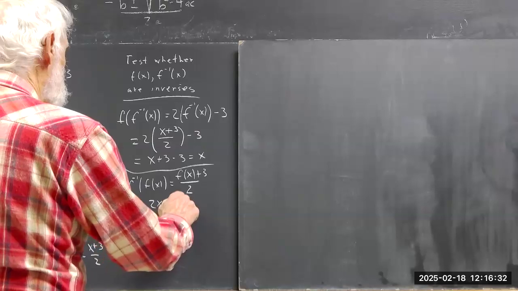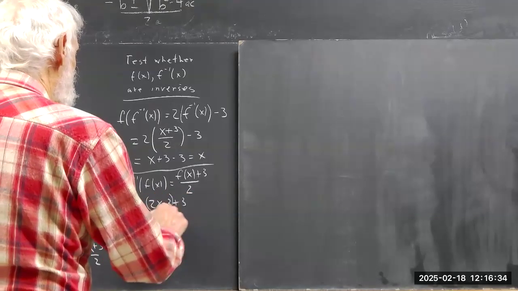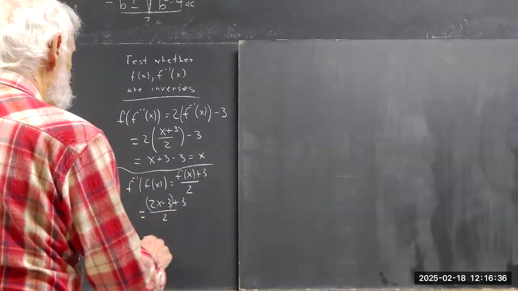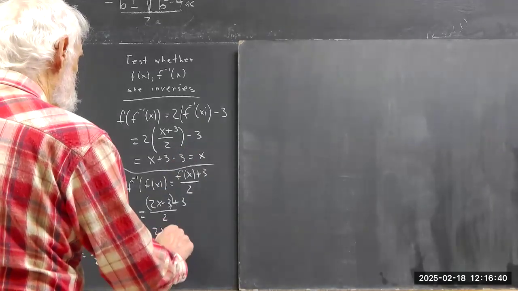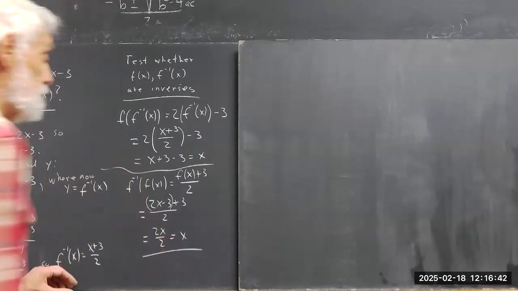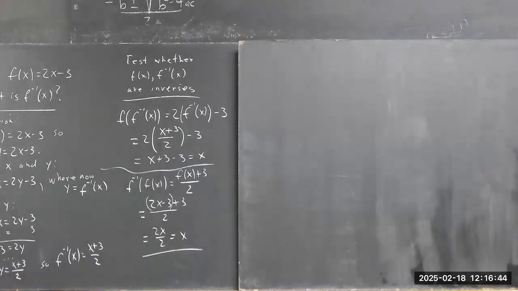Minus 3 plus 3, divided by 2. Well, minus 3 and plus 3 gives you 0, gives you 2x over 2, which is equal to x. Pretty simple, right?